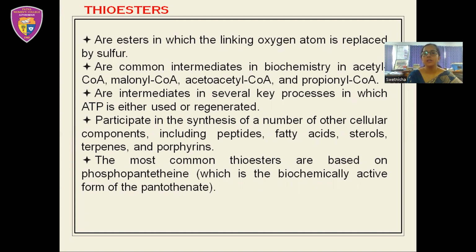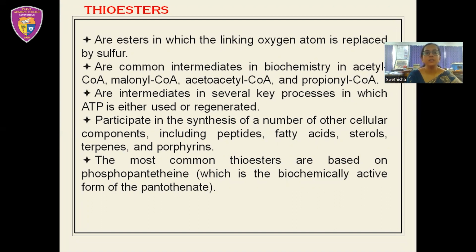You have probably read about the formation of acetyl coenzyme A, which is the link between glycolysis and the Krebs cycle. Similarly, we have malonyl coenzyme A, which is formed during fatty acid synthesis. We have acetyl coenzyme A, propionyl coenzyme A, and so on. So what is this coenzyme A?